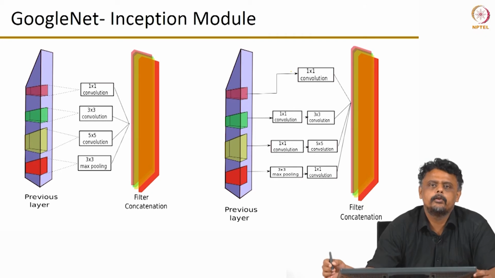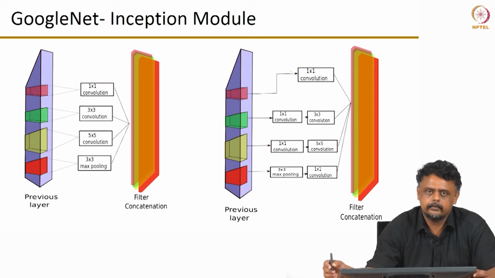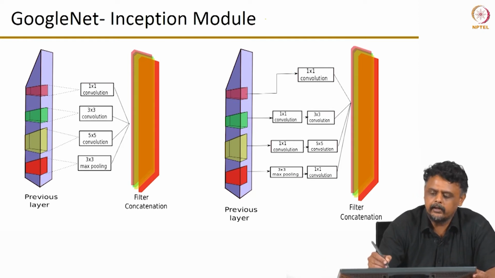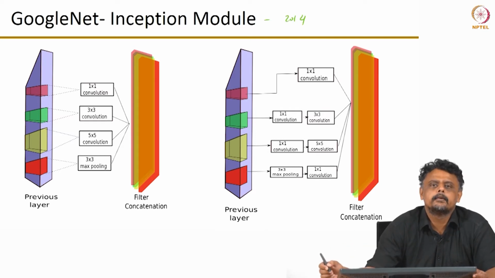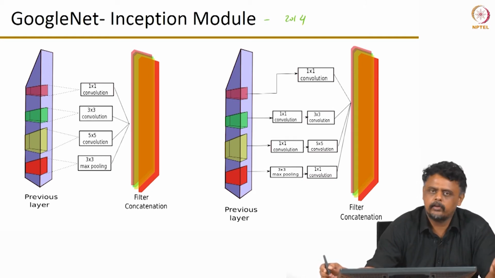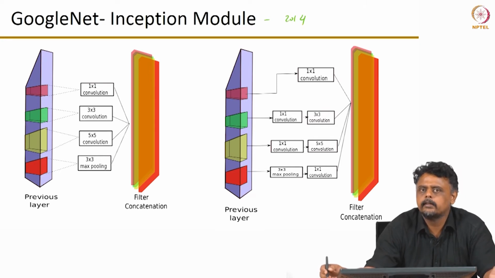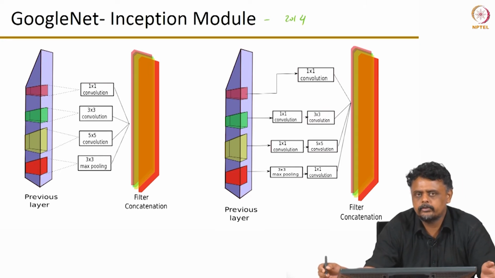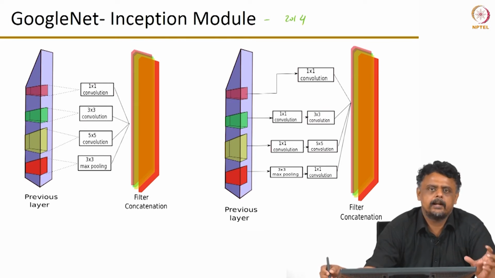In this video, we will look at GoogleNet. The basic building block of GoogleNet is the Inception module. This is again a 2014 winner of the ImageNet challenge. So let us look at the basic building block of the Inception module. For the VGG network that we saw in the previous video, the basic building block was a block of convolutional layers using very small filter sizes.